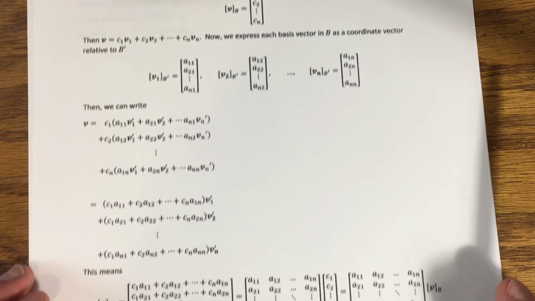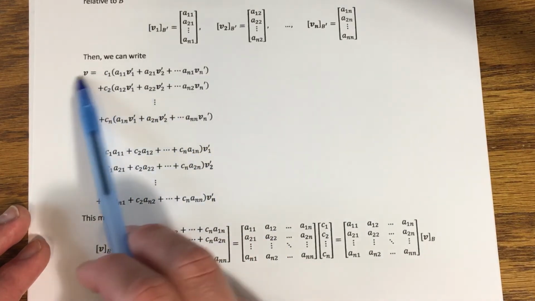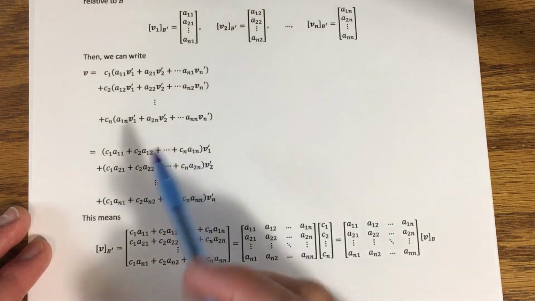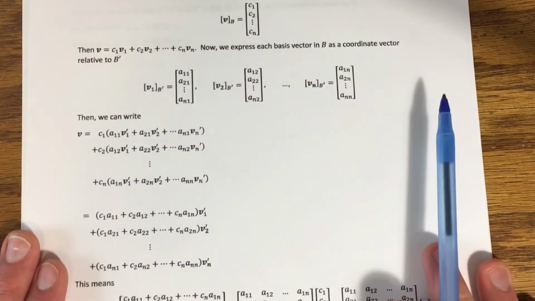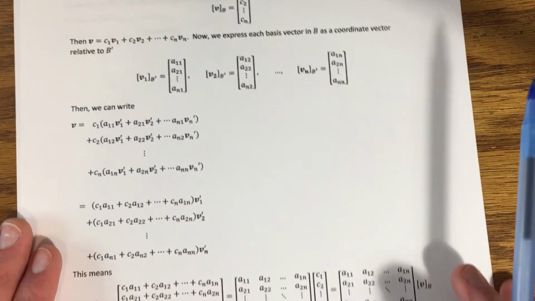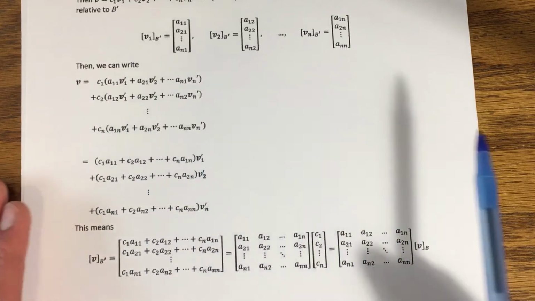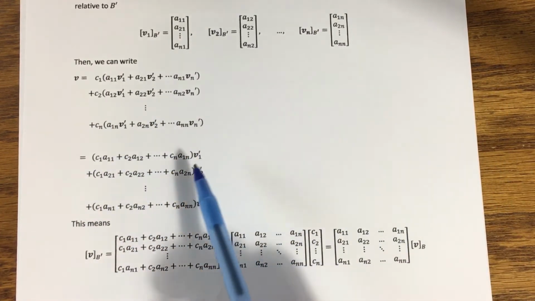And that makes this linear combination for V really complicated looking. But if we think about what this is, I've taken what was originally expressed in terms of V's and turned it into an expression that's now given in terms of V primes. Although to make it a little more useful for our purposes, we have to rearrange a lot of these terms.